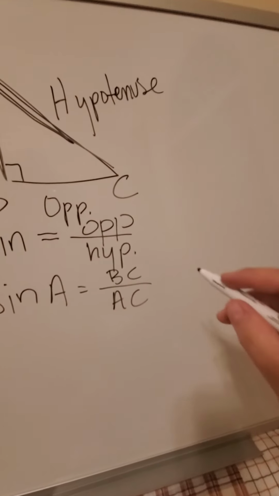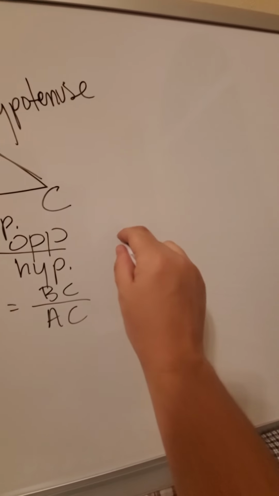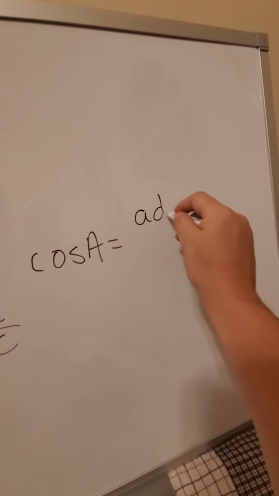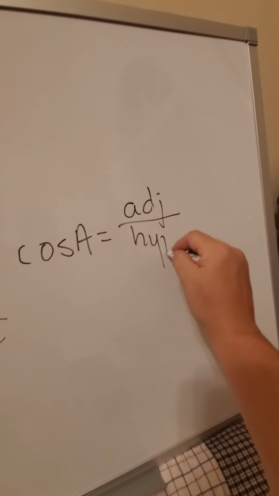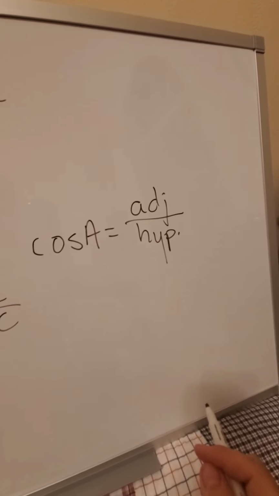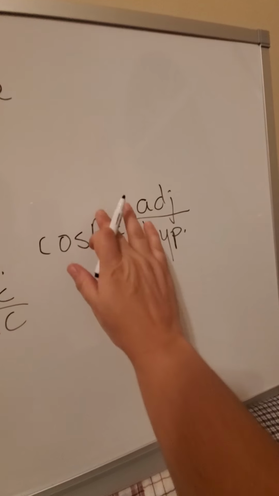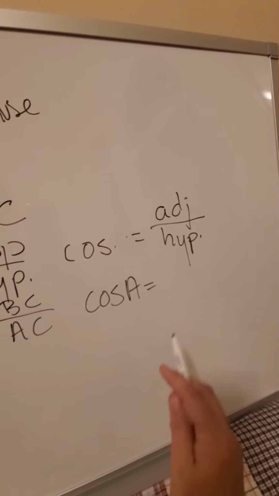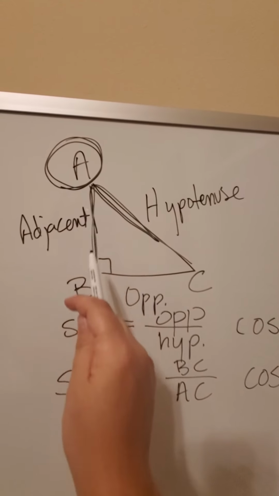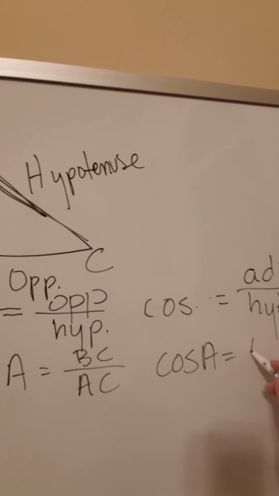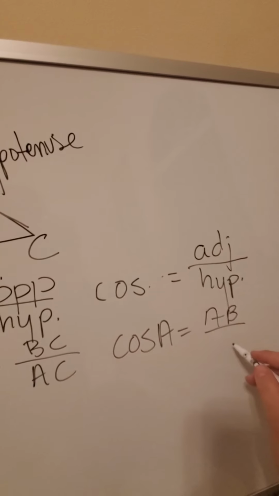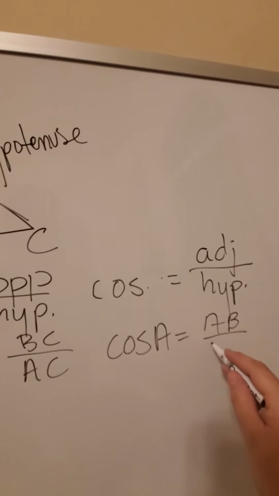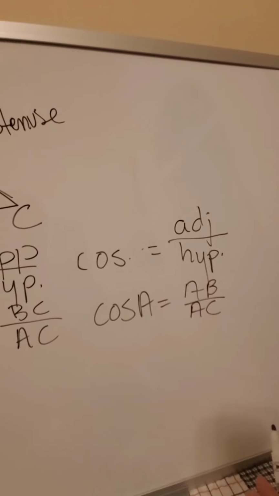If I was going to say cosine of A, cosine of A is adjacent over hypotenuse. If I look back at cosine A up here, it's adjacent. Adjacent would be AB over hypotenuse. Hypotenuse is AC. So I'm going to put AC here. Everybody okay with those?